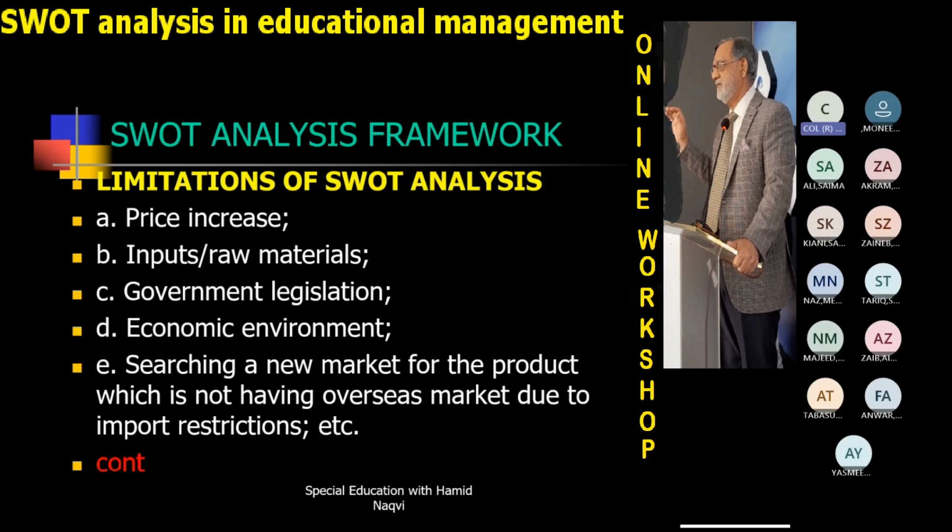Then the economic environment. Now, I have a relative who has a private school in Sargodha premises. The other day, I was talking to him, how is your institution going on? He said that the place where my institution is, all around there are mines.